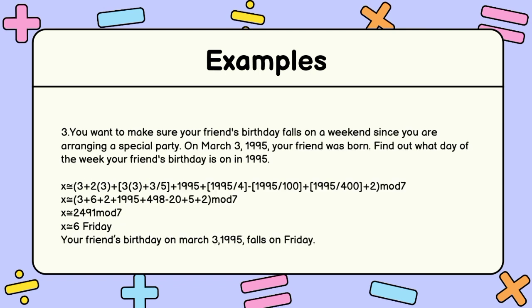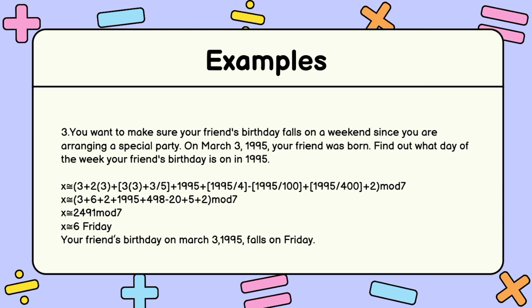Example number 3. You want to make sure your friend's birthday falls on a weekend. Since you are arranging a special party, your friend was born on March 3, 1995. Find out what day of the week your friend's birthday was in 1995. First, we analyze the problem and identify the day, month, and year.